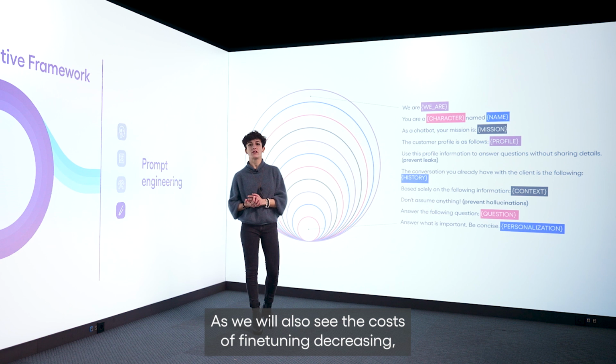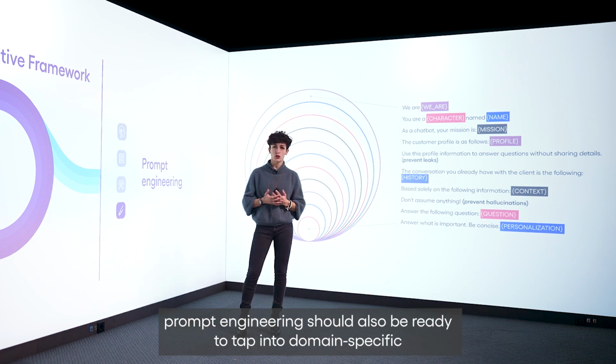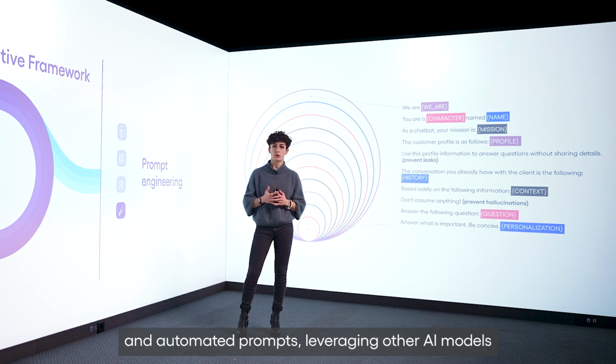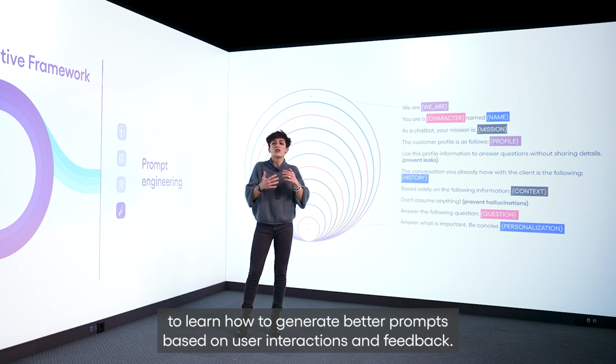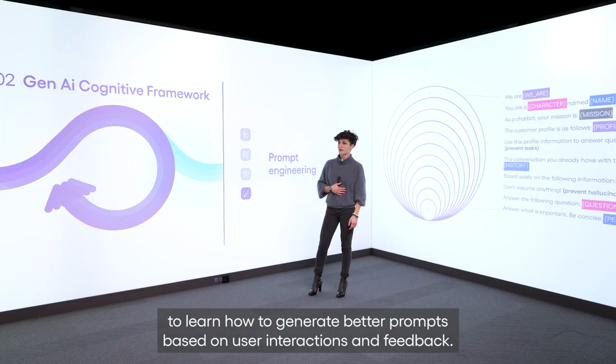As we will also see the cost of fine-tuning decreasing, prompt engineering should also be ready to tap into domain-specific and automated prompts, leveraging other AI models to learn how to generate better prompts based on user interaction and feedback.